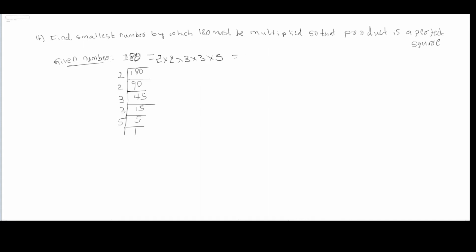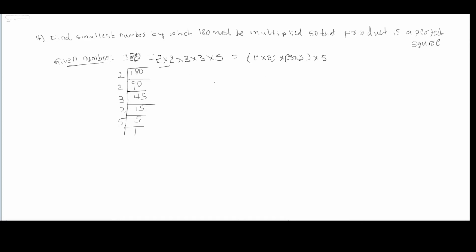Now you first group the factors in pairs. 2 2 can be paired easily, of course. Into 3 3 can be paired. One factor is remaining, 5.